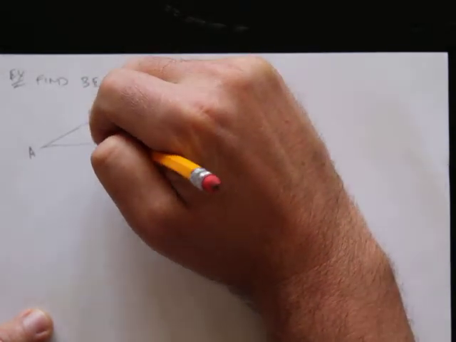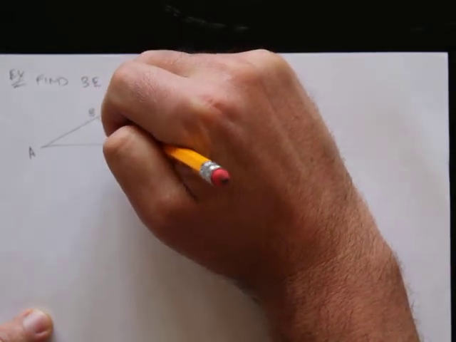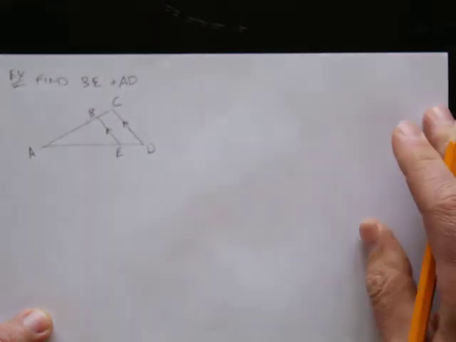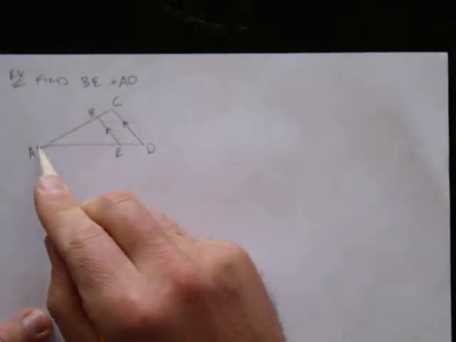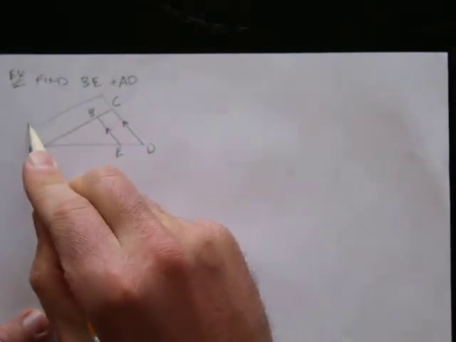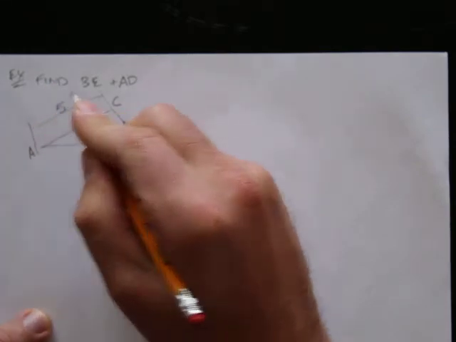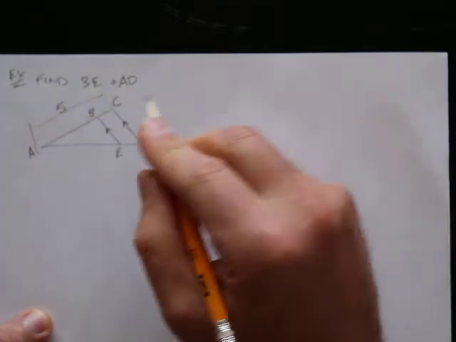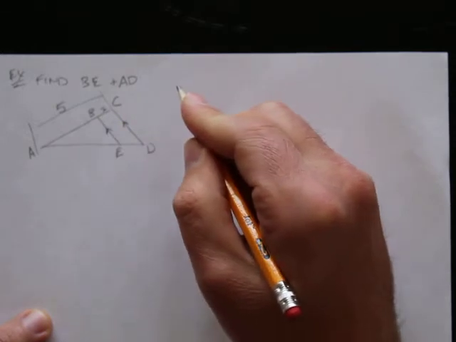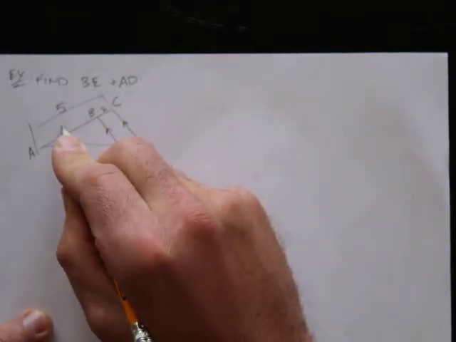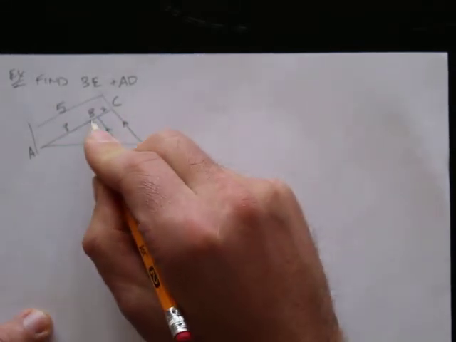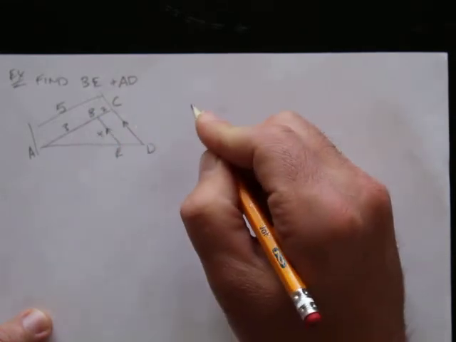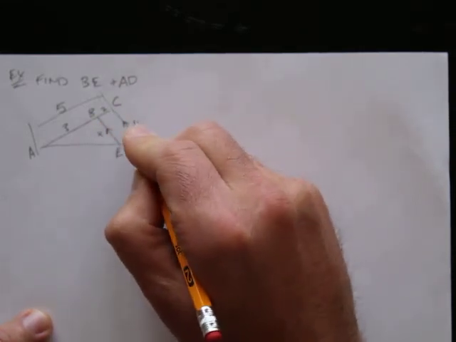Now, BE is parallel to CD. AC is 5 inches or whatever. BC is 2. AB is 3. BE is X. CD is 3.5.